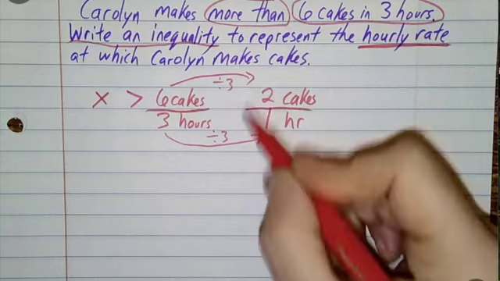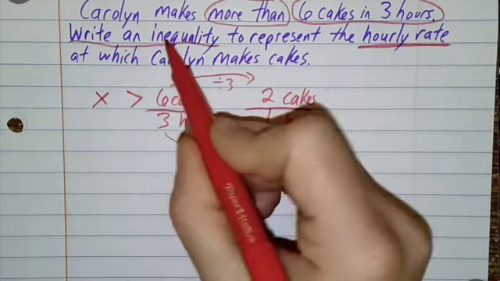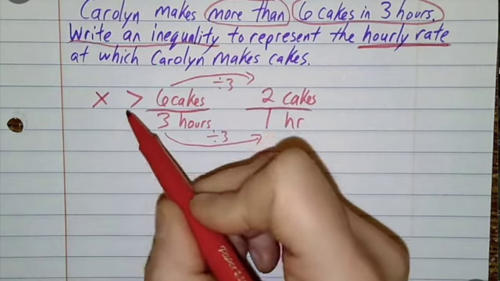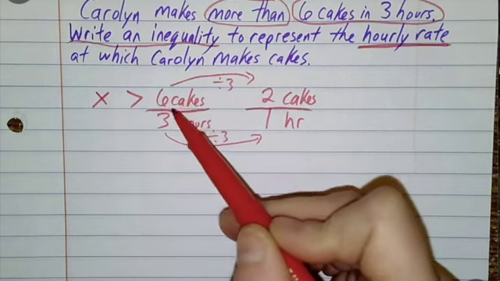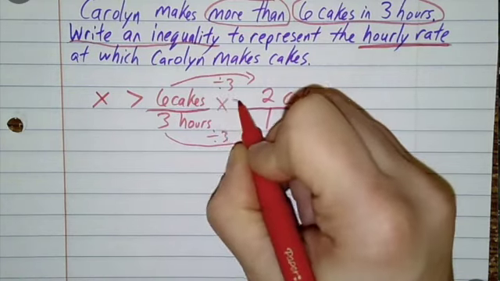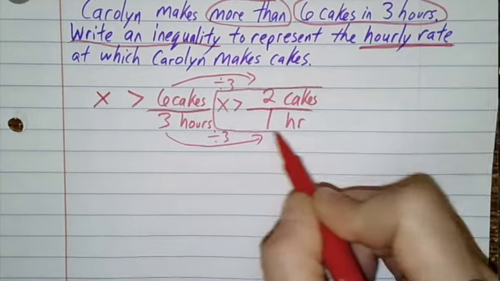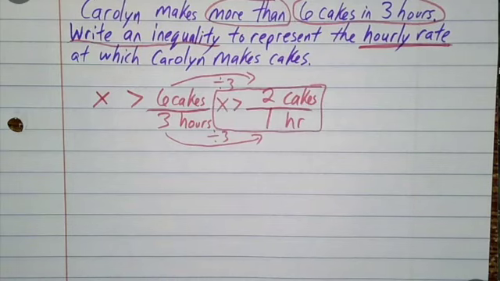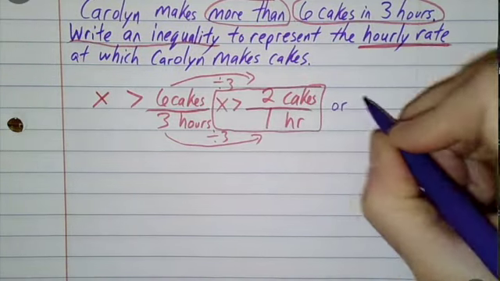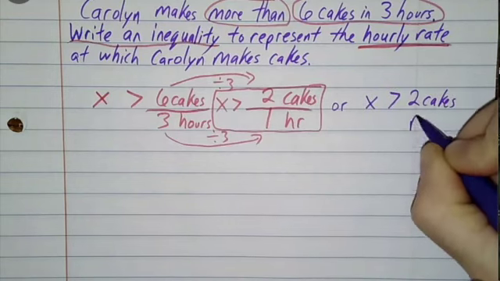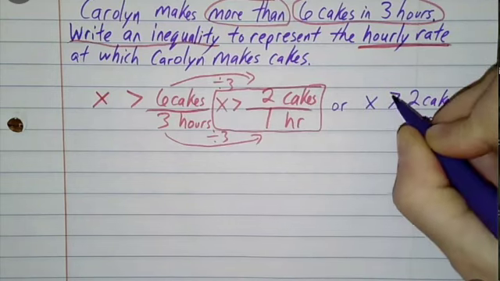So that's the hourly rate. But remember we're writing an inequality, so we have to make sure we're using these signs. So x is greater than the hourly rate, or x is greater than 2 cakes per hour.